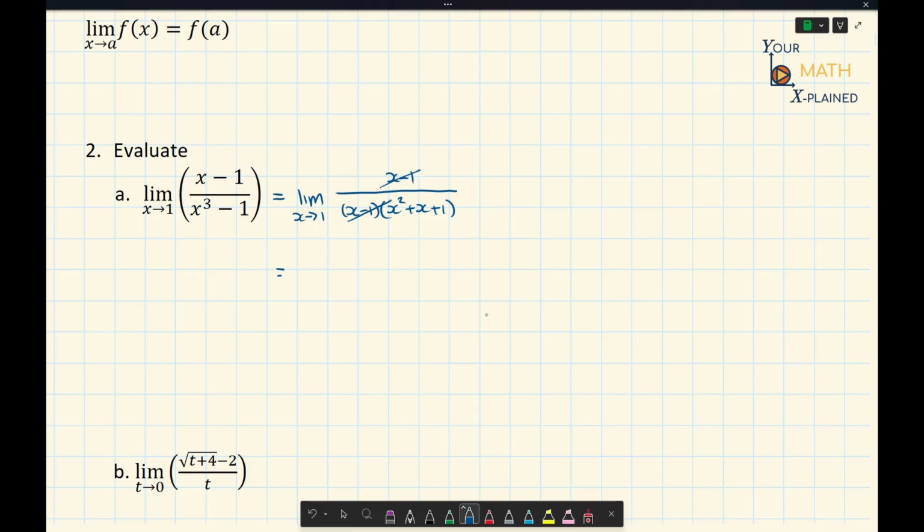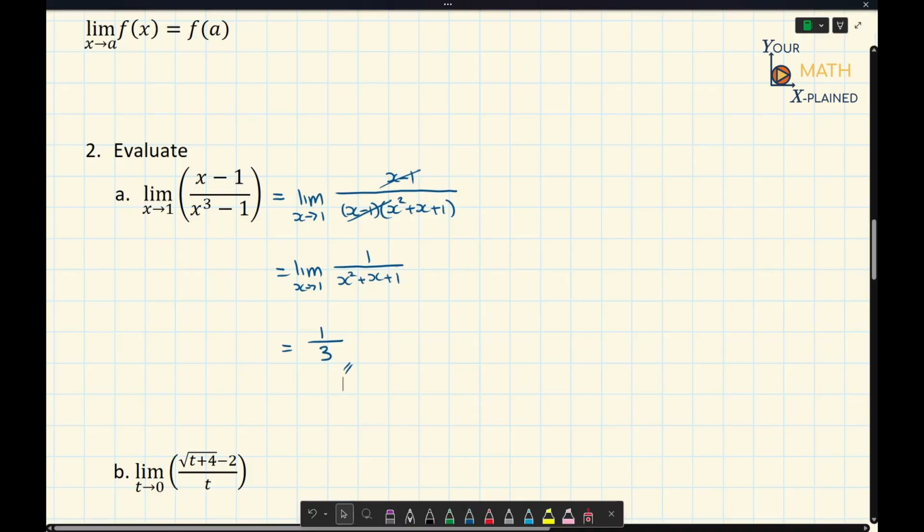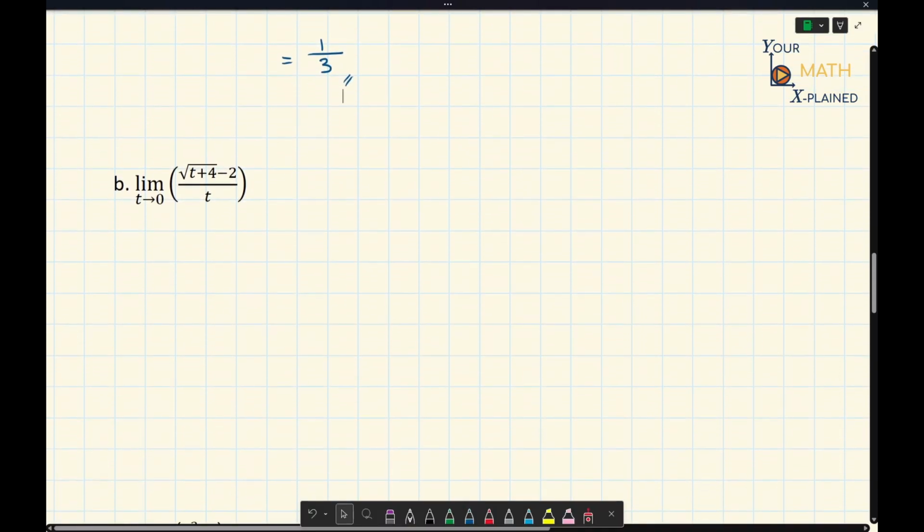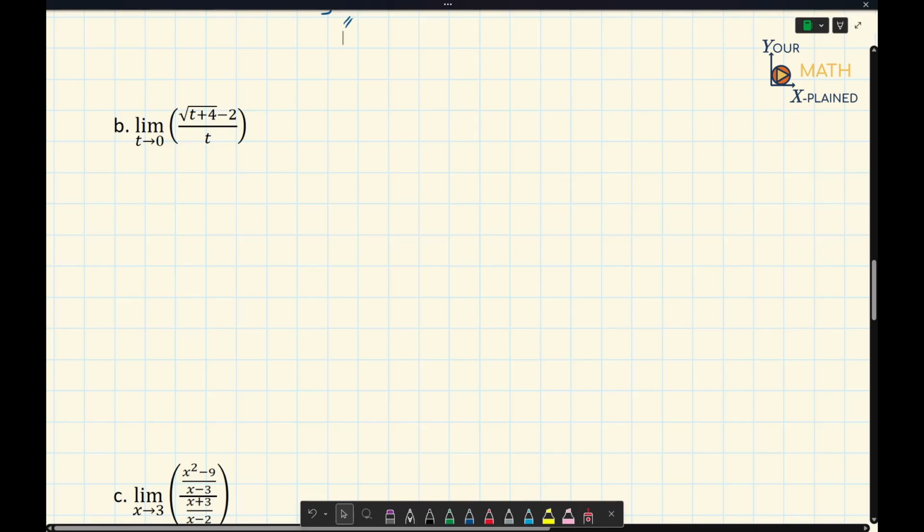So then we end up with the limit as x approaches 1 of 1 over x squared plus x plus 1. And now 1 is within the domain of this expression, so we can just go ahead and substitute it in. So that means this is equal to 1 over 1 plus 1 plus 1, so this is going to be 1 over 3.